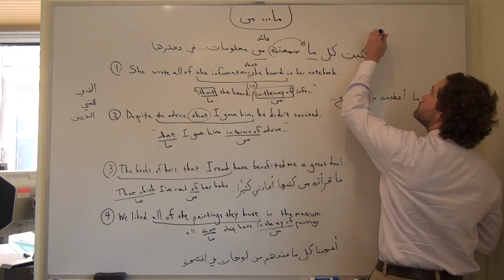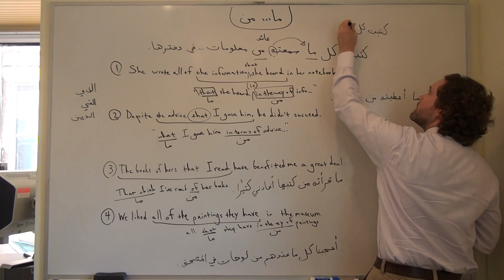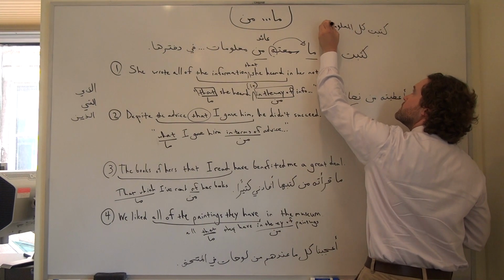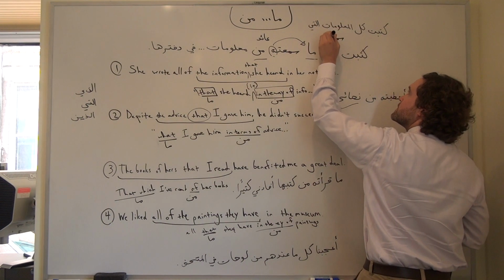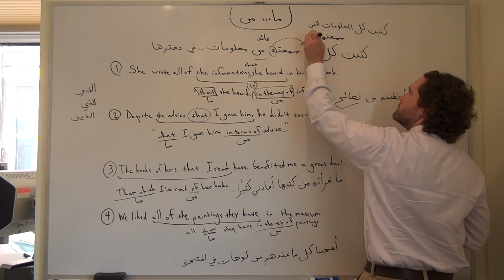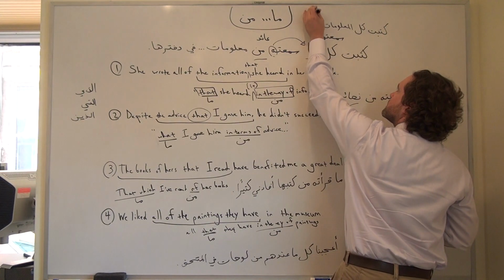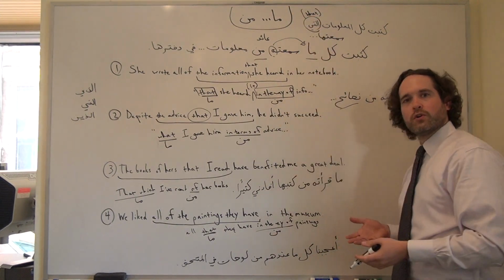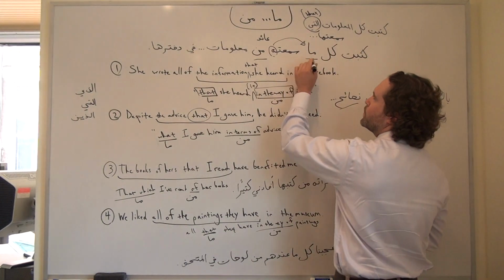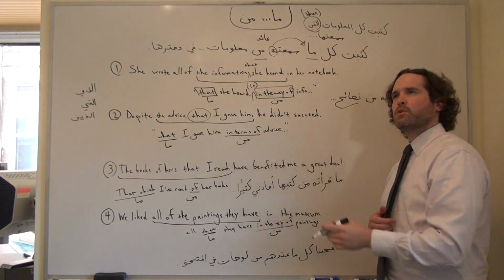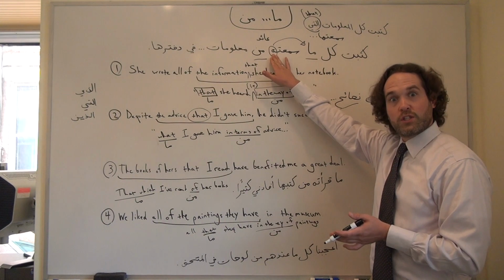كتبت كل المعلومات التي سمعتها. She wrote down all of the information that she heard. So that's a good way to make it more comprehensible. Notice that with ma and its a'id, its dummy pronoun, it's typically going to be grammatically masculine singular.